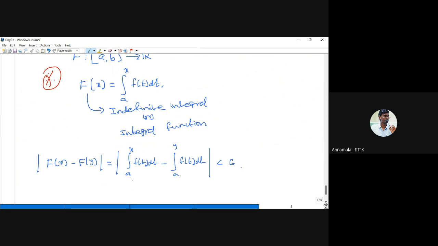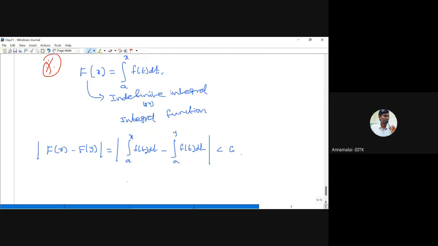Therefore clearly this capital F is a continuous function. The indefinite integral is always continuous.